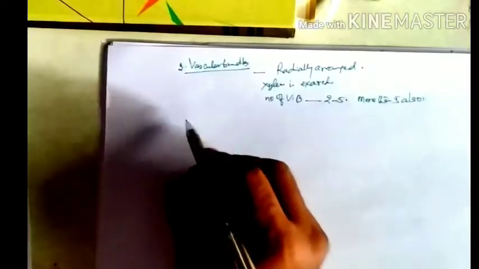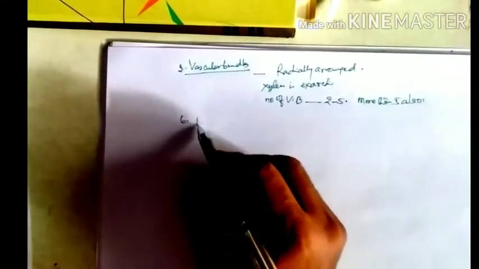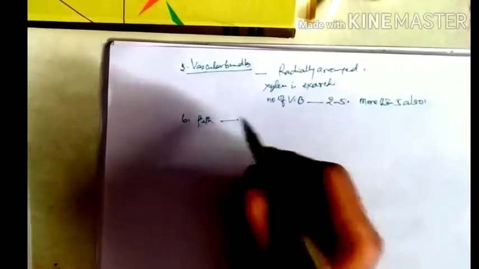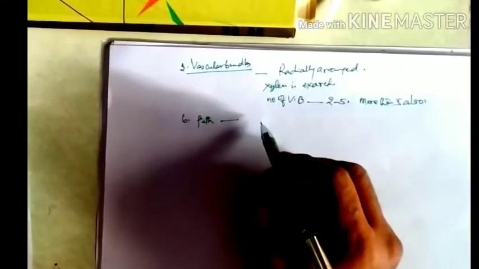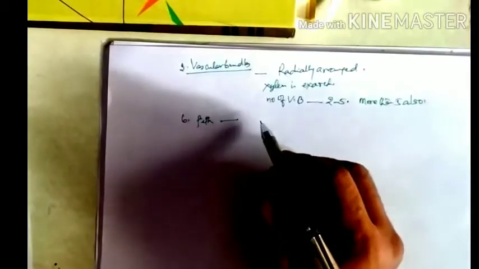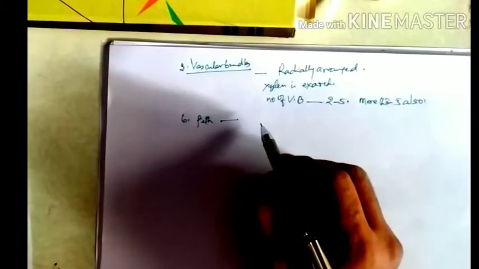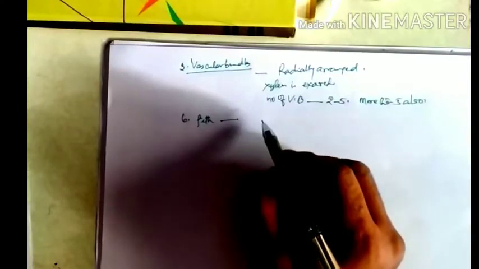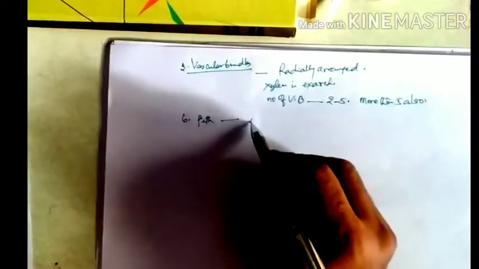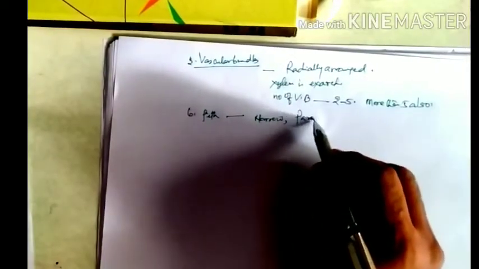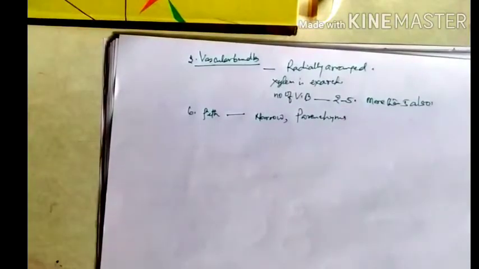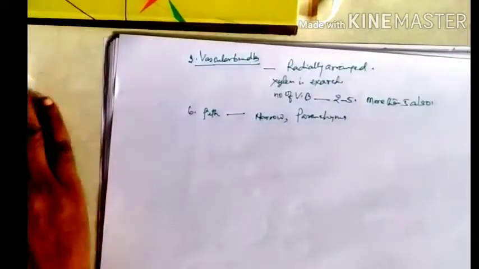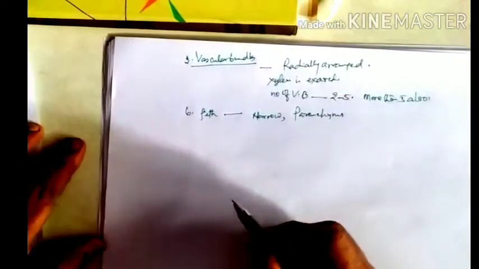Next is the pith. In the dicot root, the pith is the central core of the root, and it is narrow and made up of parenchyma. So this is all about the internal structure of the dicot root.